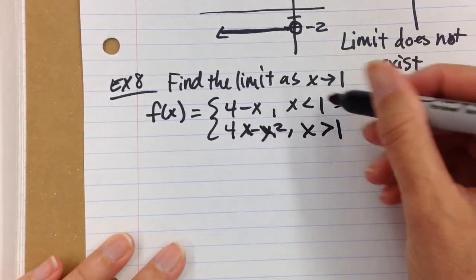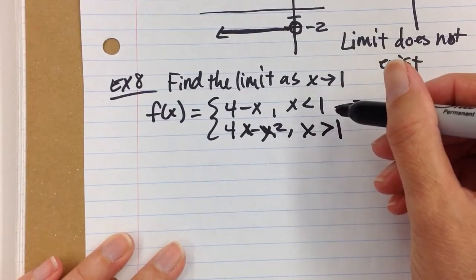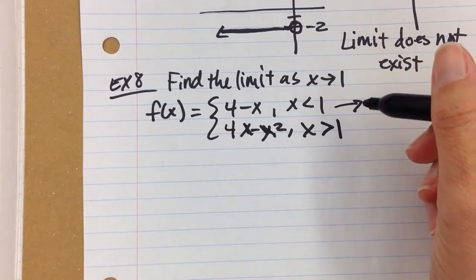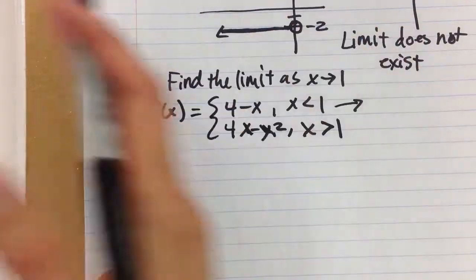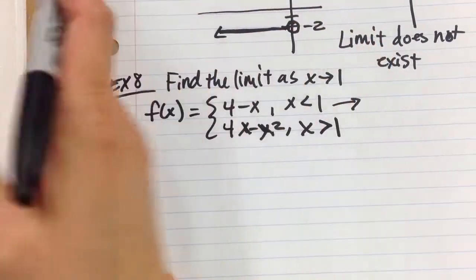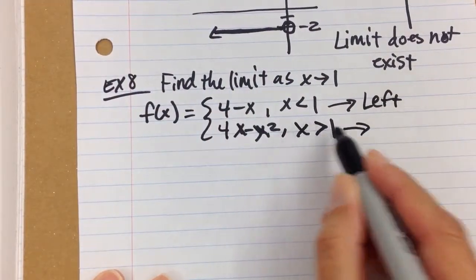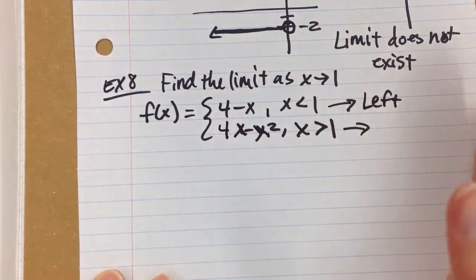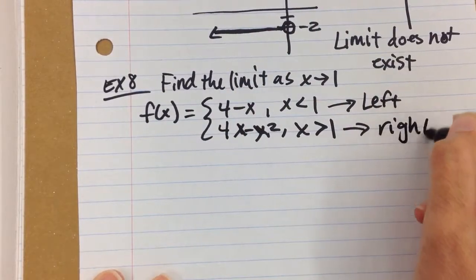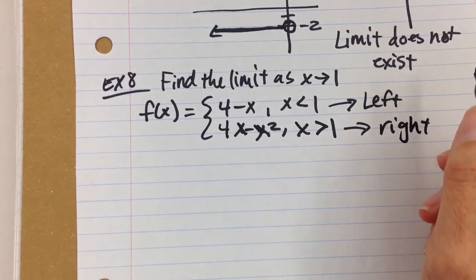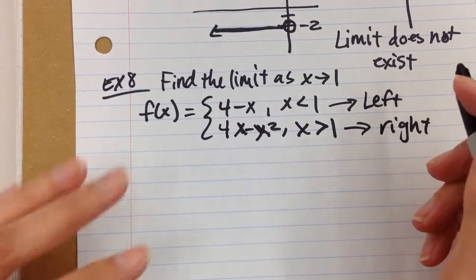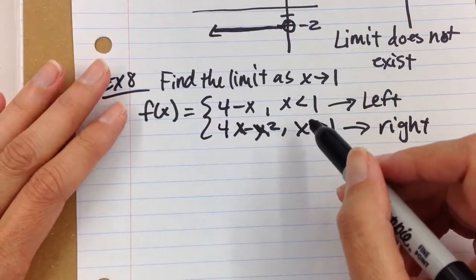This means the left or the right part of the graph. X is less than 1, so at 1, I'm just going to do the values less than 1. So this is the left part of the graph, right? X is greater than 1, so that's going to be the right part of the graph. So it's a lot like doing a left-handed limit and a right-handed limit. If they meet up, then we're going to have a limit.